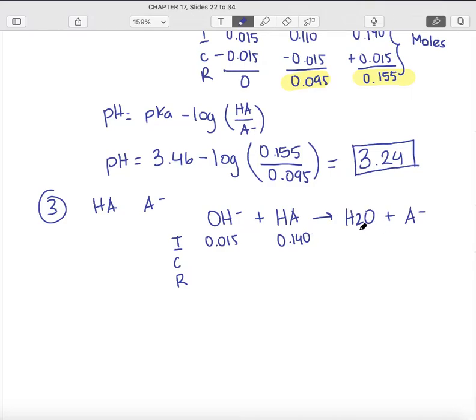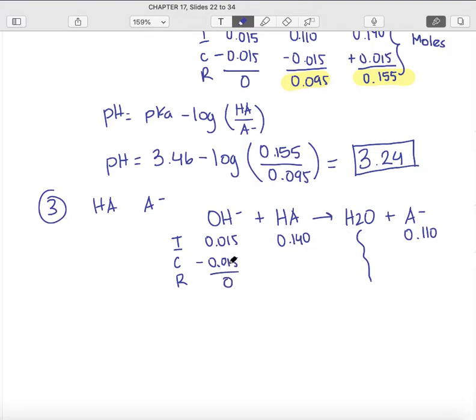For the water, we actually don't care. And for the A minus, I was starting with 0.110. From here, we said that the whole role of the buffer is to be able to consume all of the base that was added. So my change is going to be the consumption of all of those moles. So negative 0.015. Therefore, this goes to 0 for my result.